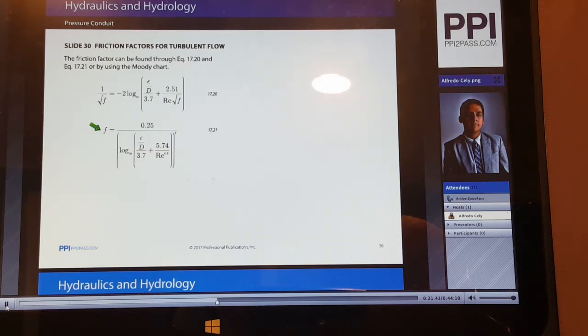Equation 17.21 is the Swamee-Jain equation, which produces some relatively accurate results which are within 1% of the target. This equation is an explicit approximation of the Darcy friction factor. Again, for turbulent flow, the friction factor becomes more dependent on the roughness of the pipe and less dependent on the Reynolds number.